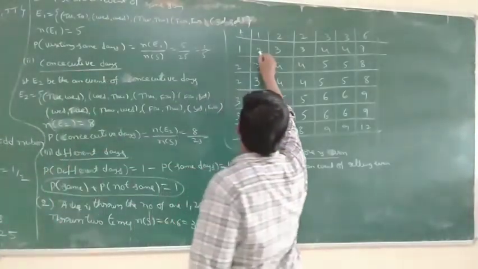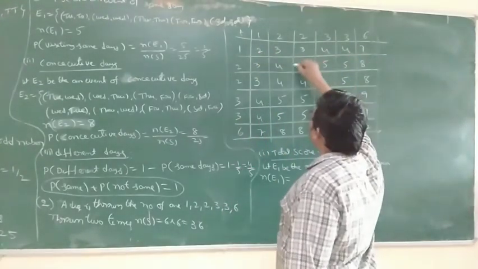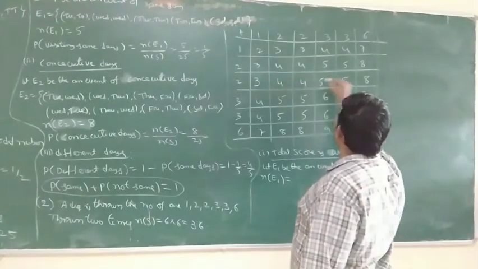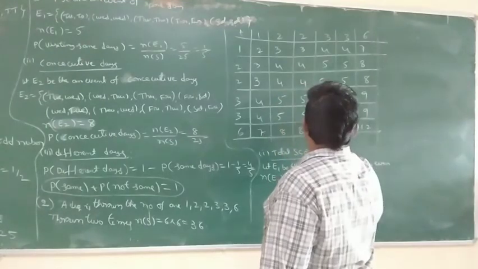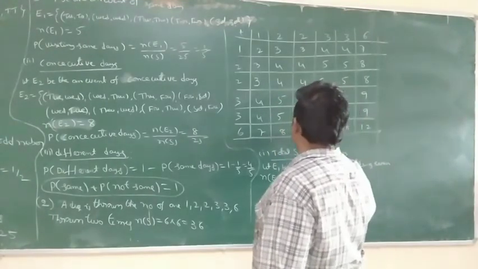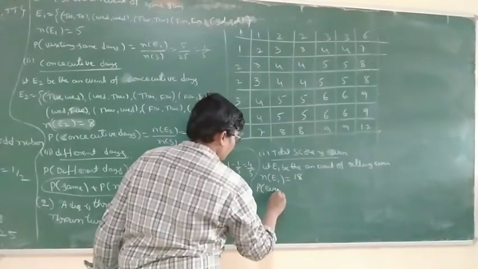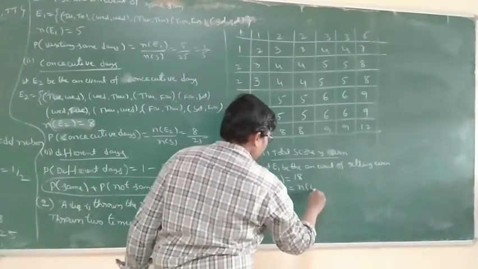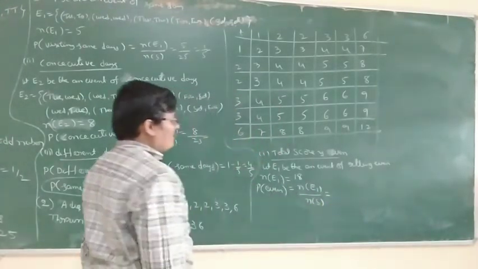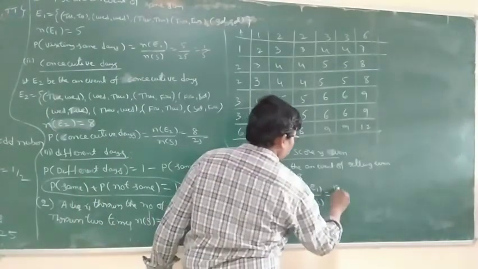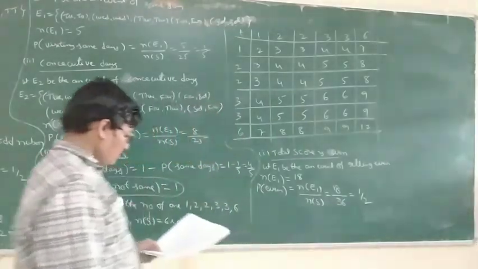In the first row, 1, 2, 3, 4, 5, 6, 7, 8, 9, 10, 11, 12, 13, 14, 15, 16, 17, 18. So probability of even is equal to n of E1 by n of S, that is 18 by 36, equal to 1 by 2.